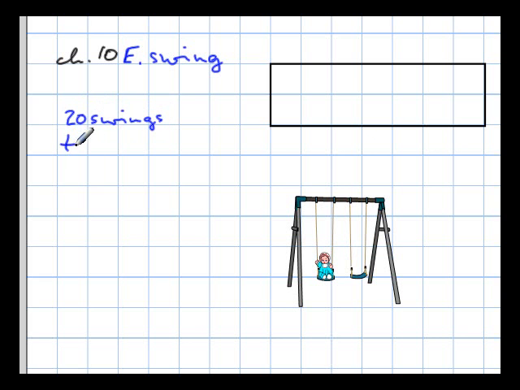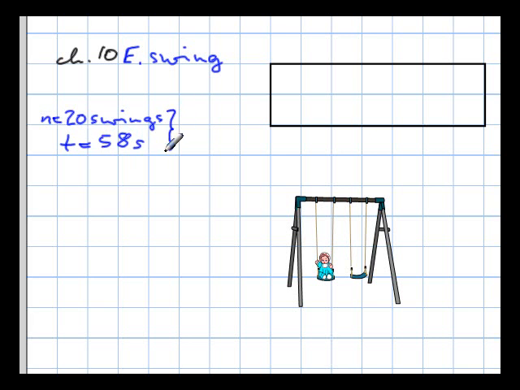So t equals 58, and I guess I could call this n. N equals 20 swings, and t equals 58 seconds, and you can confirm that.